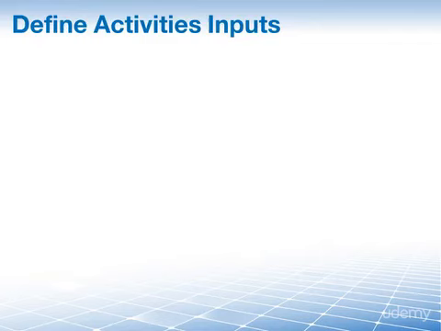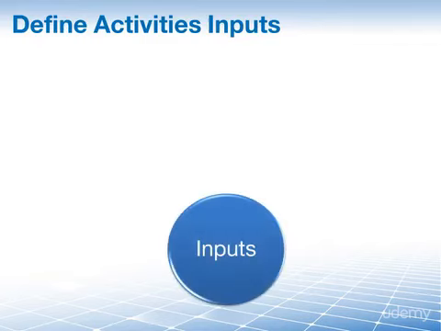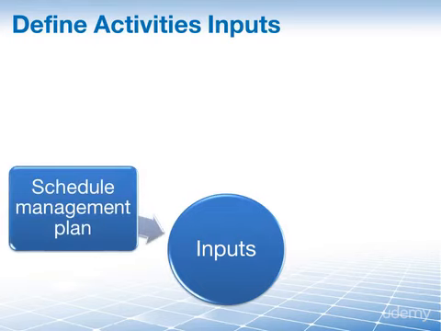In detail, the 4 inputs to our process are, first of all, the schedule management plan. This is essentially your guideline on how you should manage everything in this knowledge area. So how we define activities is also planned out in the schedule management plan.